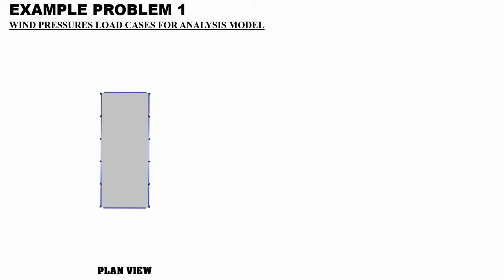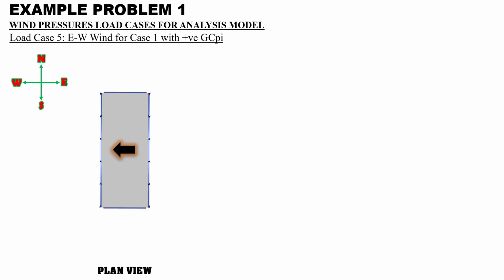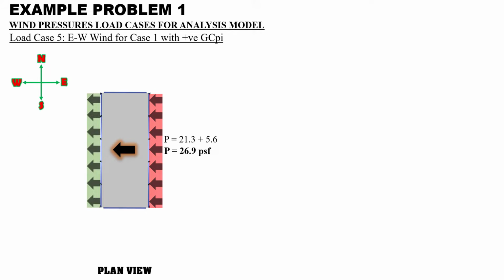Now for load case 5, this time wind is blowing from east to west. This means that it's a case for load reversal. Wind is blowing from east to west for case 1 with the positive GCPI. Now this wall becomes the windward wall and this wall becomes the leeward wall.